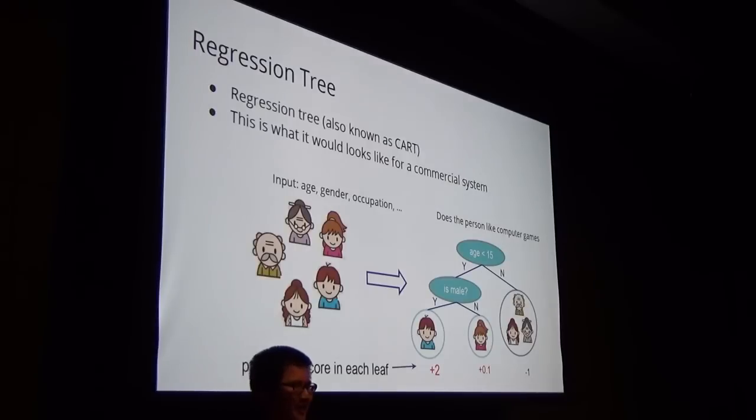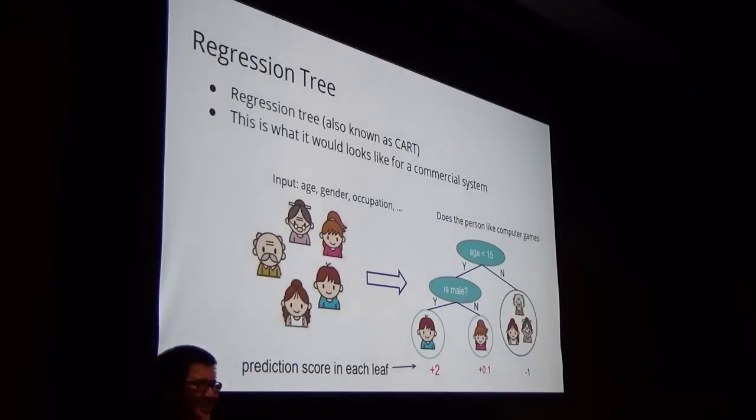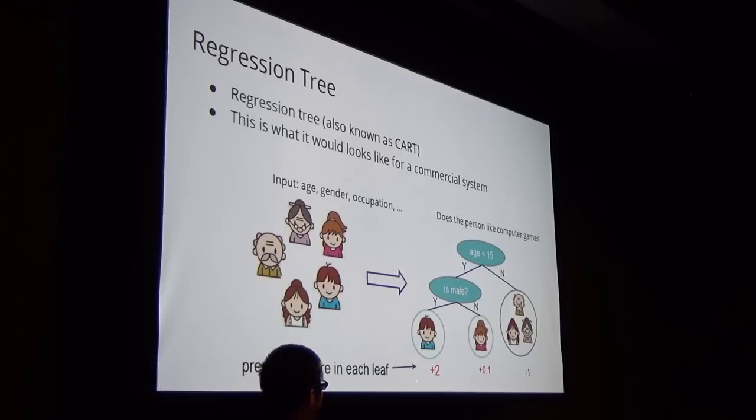You can recommend a product to the person, given the demographic information of the user. What a tree-based model basically does is establish a few rules to categorize each of the users into categories. On each leaf node, there's a prediction score that is associated with how likely this group of people is to like computer games or not.